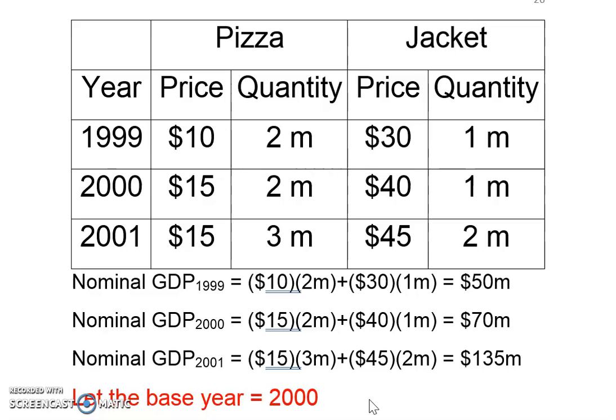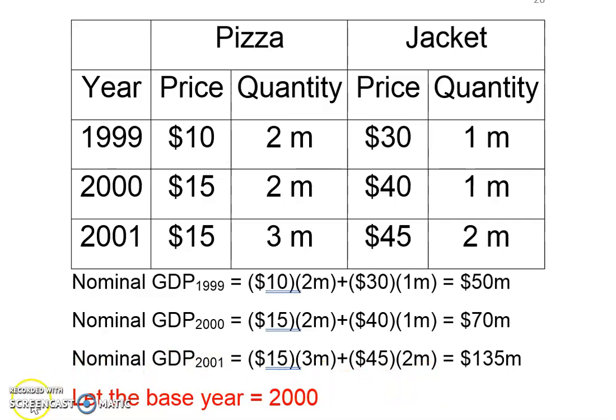We find out that since nominal GDP uses the current year's price to measure the value of the final goods and services, the nominal GDP value has been affected by the changes of the price. So in our example, this GDP value has been inflated because the amount of a product is the same, but because the price increased, GDP increased.